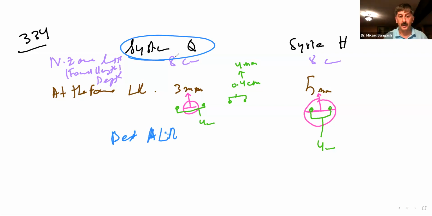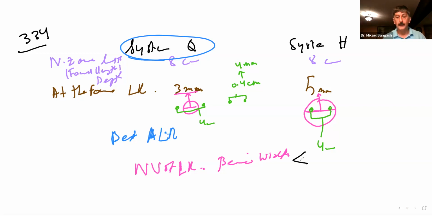Because the numerical value of lateral resolution, which was the beam's width, was less than the distance between the two structures which were side by side.